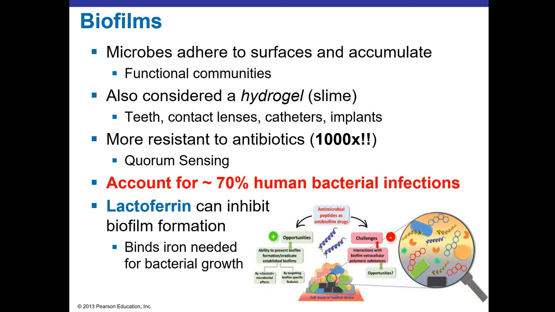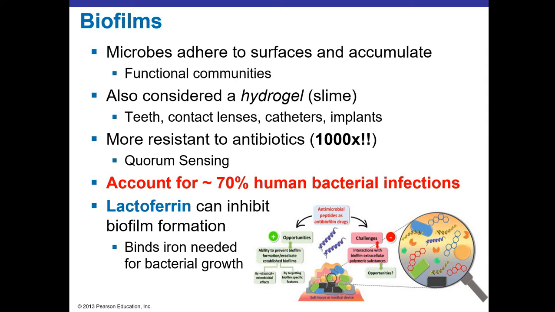They know that their neighbor is there because they send out chemical signals, and they want to protect the community. So they start to make this hydrogel, which is a slime layer. But the problem is that hydrogel is very difficult for things like antibiotics and disinfectants to be able to penetrate. Once things start to grow in these microbial communities, they may become more than 1,000 times more resistant to antibiotics.